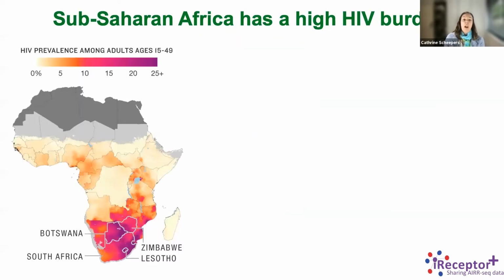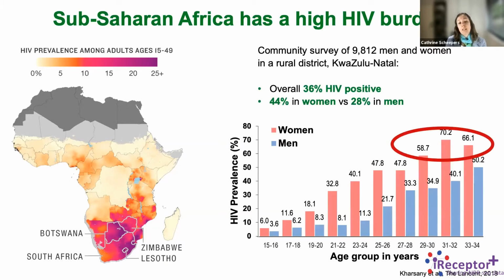Sub-Saharan Africa really has the highest burden of HIV, and South Africa, where I am based, has a particularly high burden of HIV cases. We also see it disproportionately affecting young women in their early 30s compared to men.